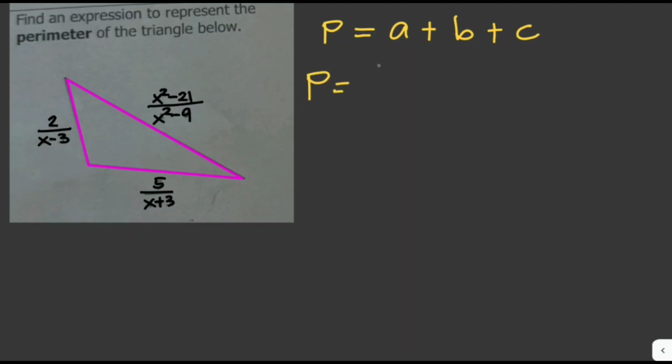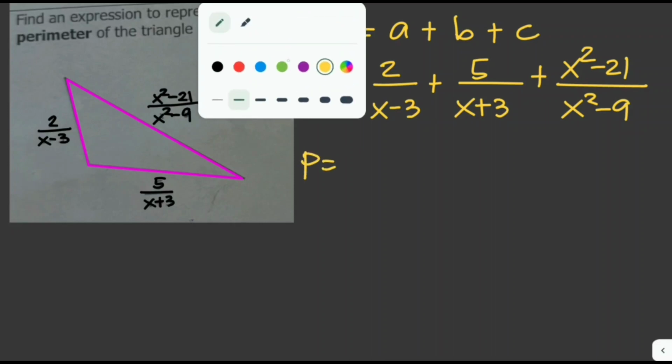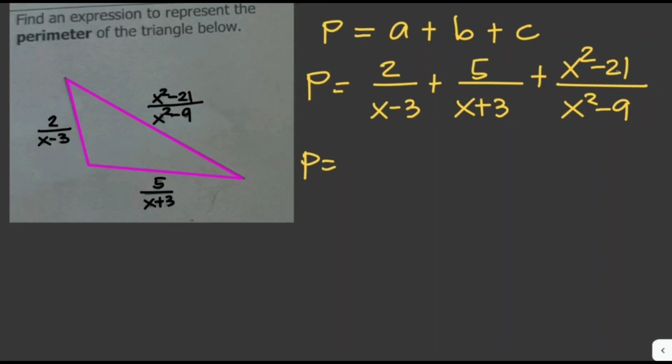So that would be 2 over x minus 3 plus 5 over x plus 3 plus x squared minus 21 over x squared minus 9. Alright. Now we can simplify x squared minus 21 and x squared minus 9.